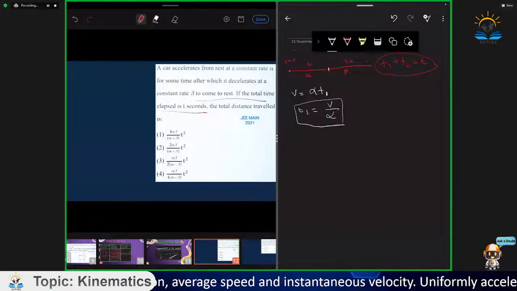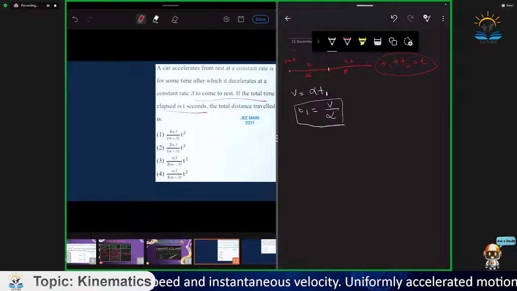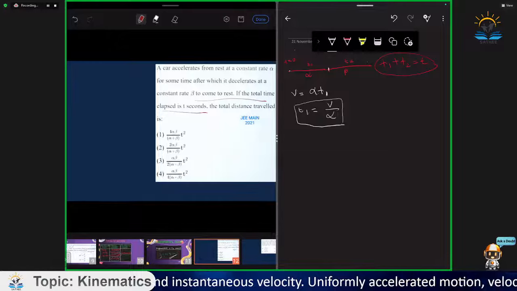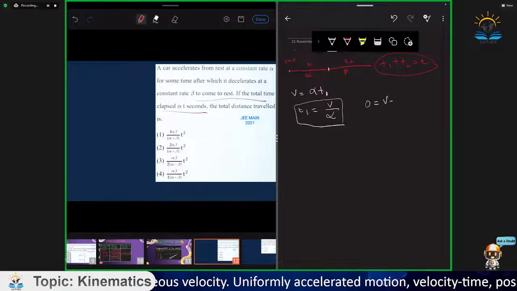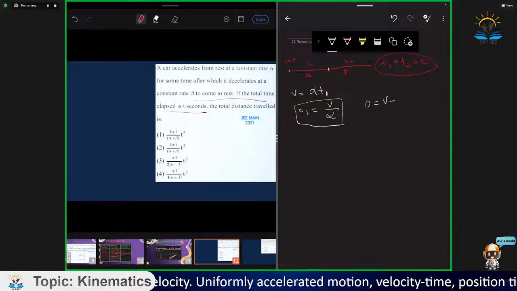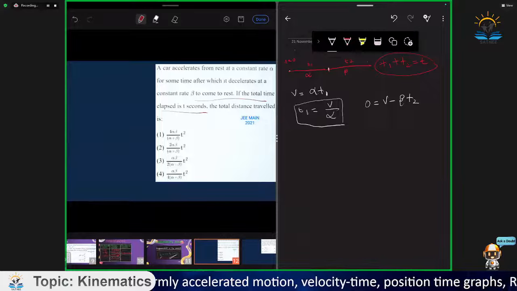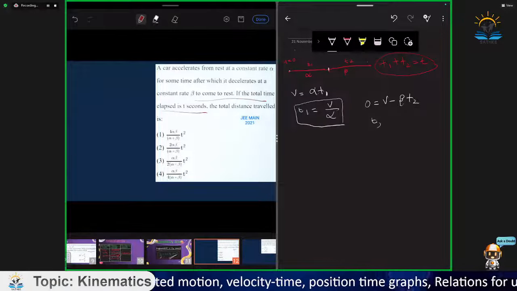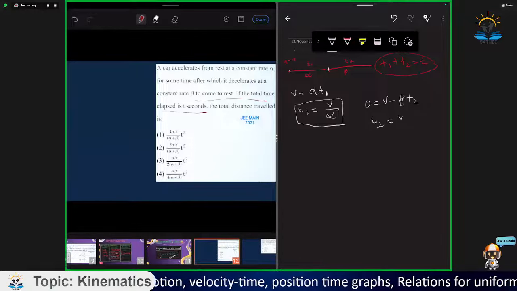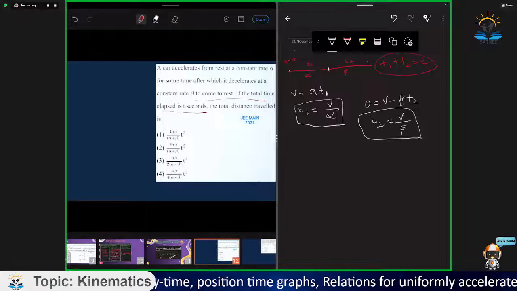Here final velocity is 0 and initial velocity is again v. So 0 equal to v minus beta t. Why minus? It's decelerating, so negative sign. So here we will get t2 as v by beta.